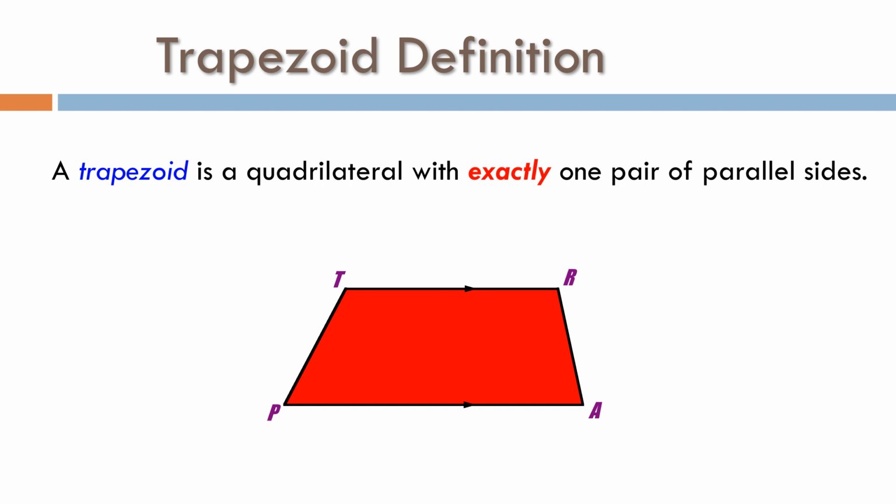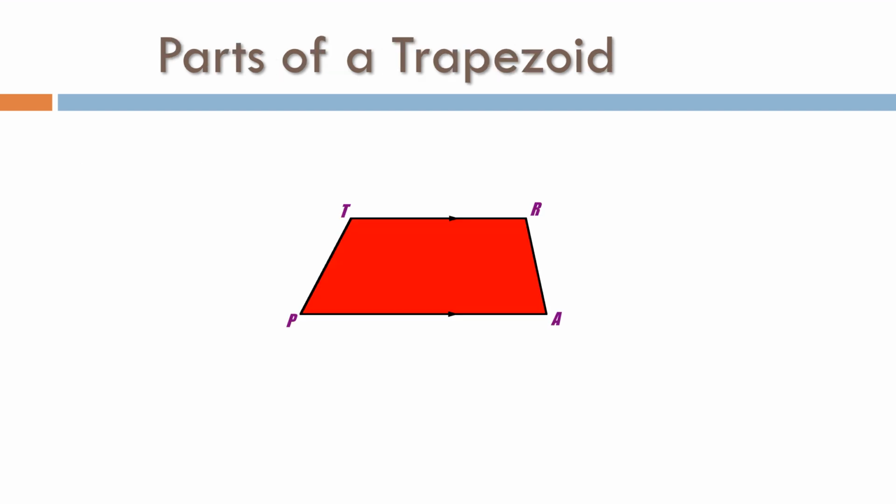They're supplementary. See, you knew the answer. Same side interior angles. Angle T is supplementary to angle P. Angle R is supplementary to angle A. What's the relationship between angle Puma and angle aardvark? Excellent. There is none. Let's move on.